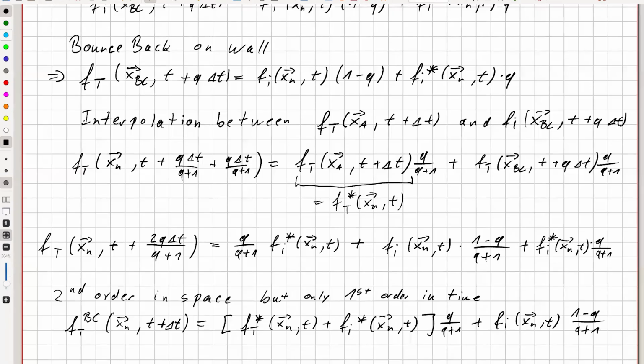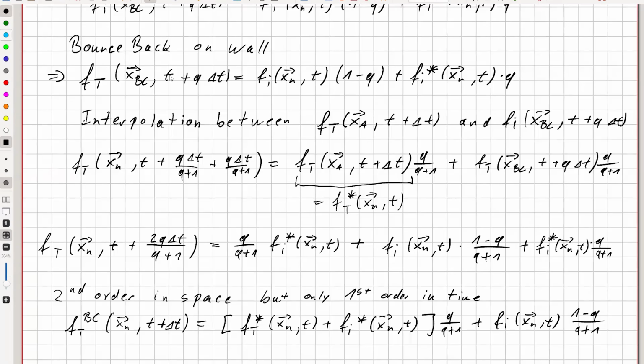There's now one particular place, namely when you place the bounce back on the wall, you would have to add the velocity shift that we previously introduced in the velocity bounce back.